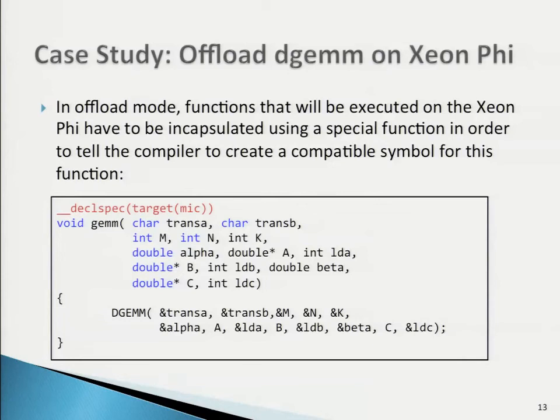And he writes a little wrapper here. This wrapper function wraps around a call to dgemm, and you can put this statement in front of a function. This is another way of saying I want you to offload this work. You say, I want this to target the mic.